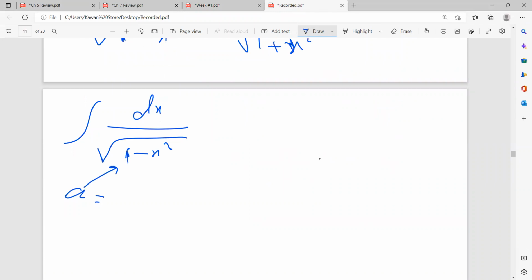Square root of that one, so it is equal to 1. How about if that example is 4? A is equal to what? 2. Good. U is equal to what? I say U is equal to the square root of this, which is equal to x, and write du is equal to dx. You know what I mean?